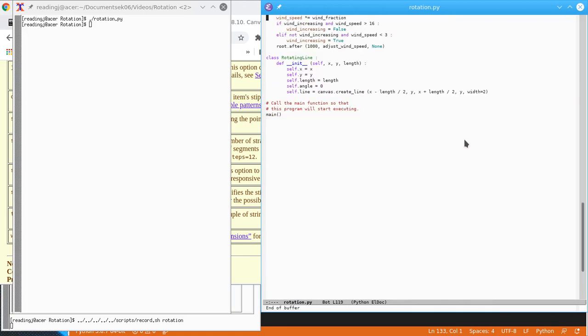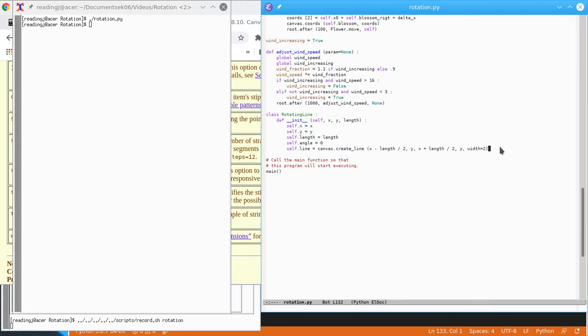And so now we need to do our root.after, and so this means that after so much time, 100 milliseconds, we're going to call RotatingLine.rotate, and we need to pass it the object.